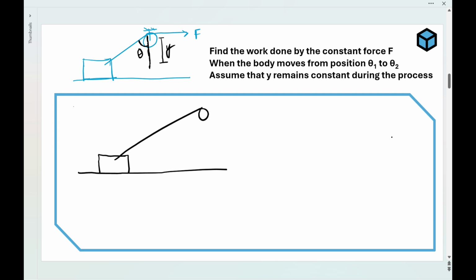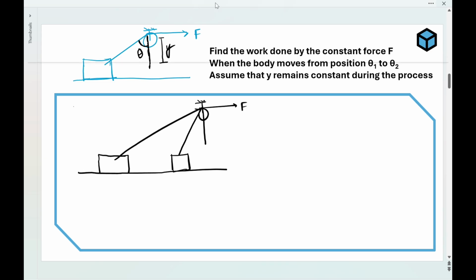So let's say this is the position theta 1. There's a constant force F, and after some time this comes to a position theta 2 like this. I hope you understand.